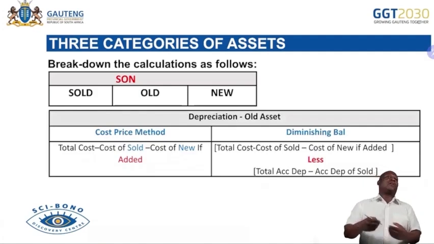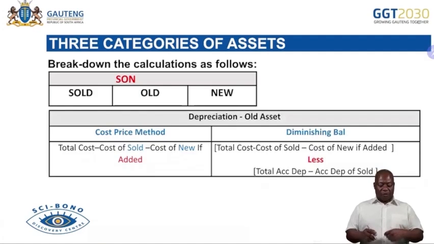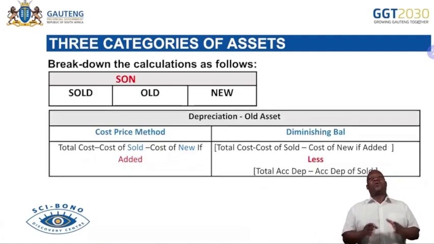If it's already included in the cost, we must subtract it so that we remain with only the old. If it's not yet added, we only subtract the one that is being disposed. Remember, we want to remain with the cost of only the old so that the calculation works.